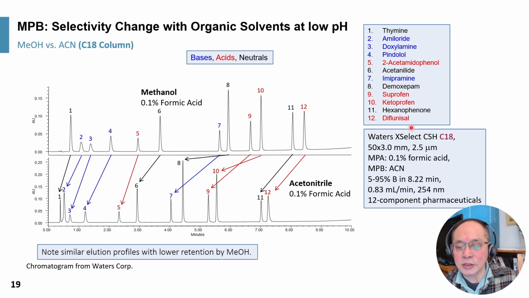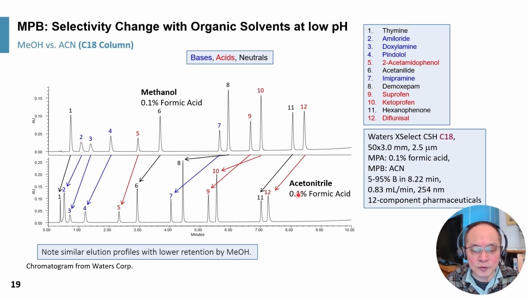Some are acidic, shown in red. And some are neutral, shown in black. We're using this C18 column under these gradient conditions. One can see that comparing methanol to acetonitrile, the elution profile of all 12 components has not changed, meaning that the elution order is the same.